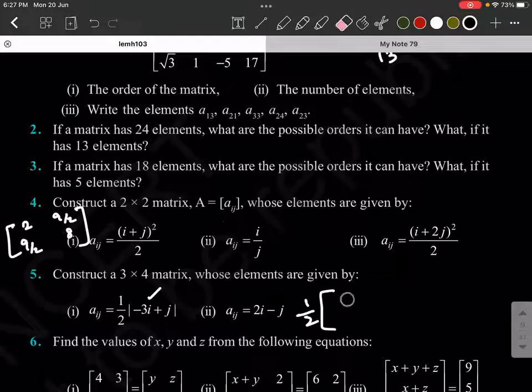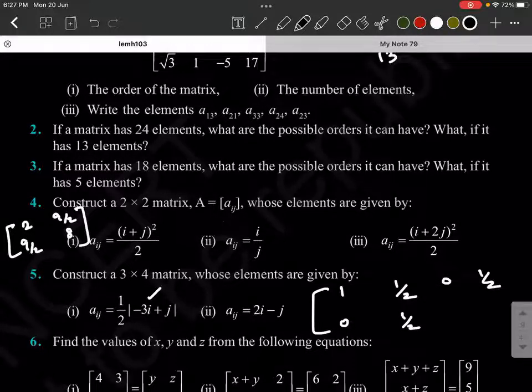No? 2, 1. Oh, you multiplied that half itself. So you have 0, 1 by 2.